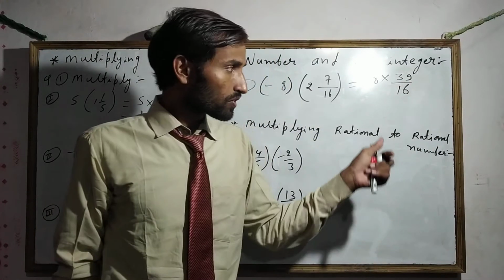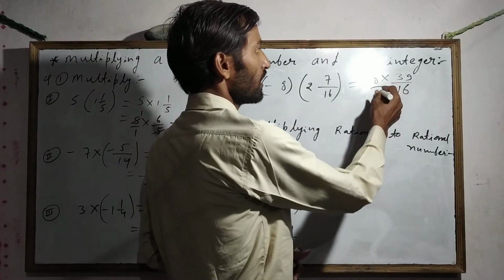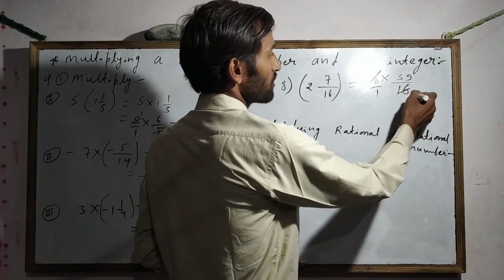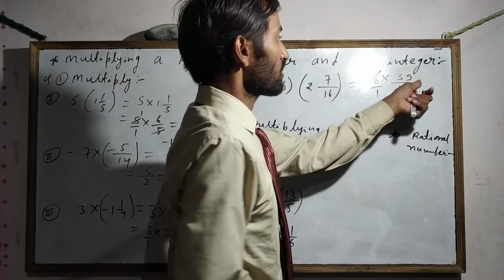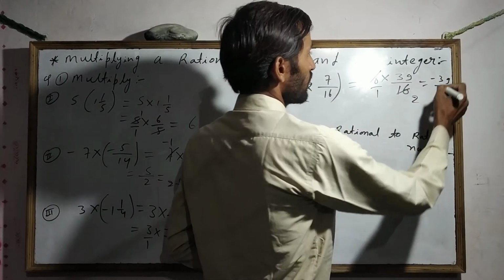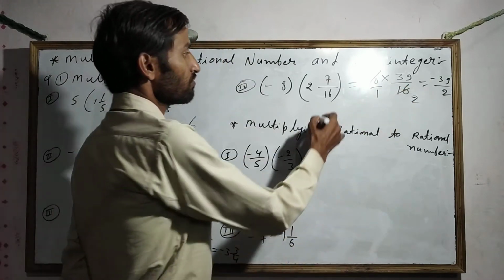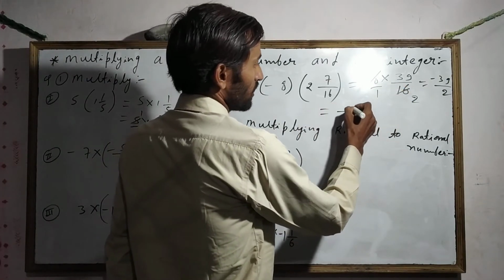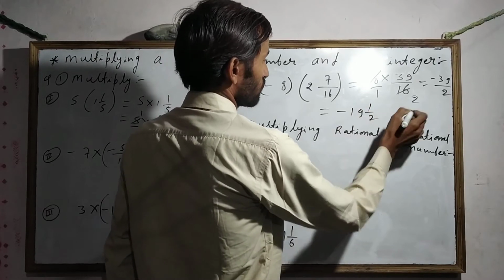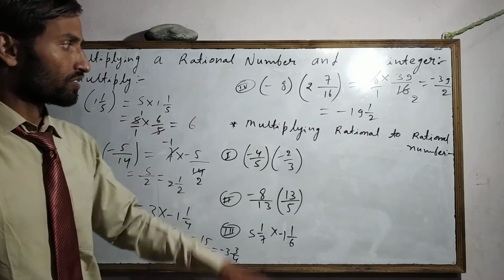Put 1 under 8, nothing written means 1, then we can cancel 8 and 16. So the final answer is minus 39 upon 2. Then you can convert into a mixed fraction: minus 19 whole 1 upon 2. So this is the final answer.